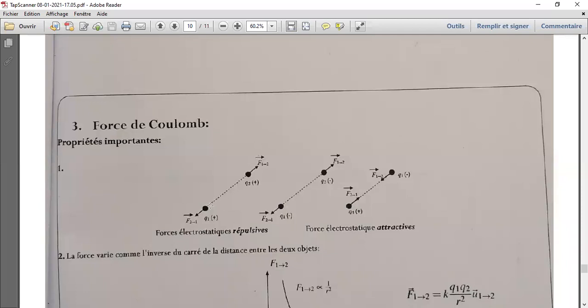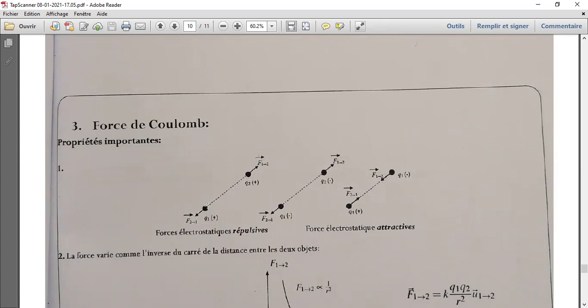Then there's also here, if you see, the arrow going outside, and your friend had asked a question, if it is the other way around, is it going to be the force 2 to 1? It's the same thing here. Here is Q2, which is causing the force on Q1. That's why you're seeing the force is 2 towards 1. So you see that there will be a repulsion.